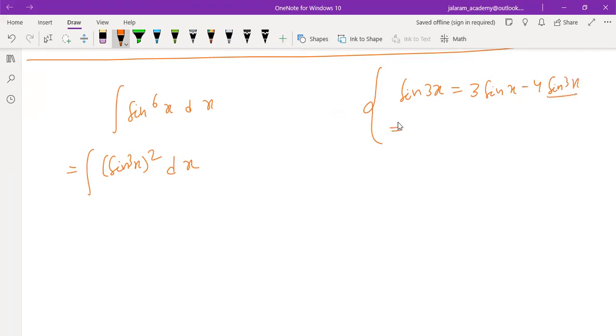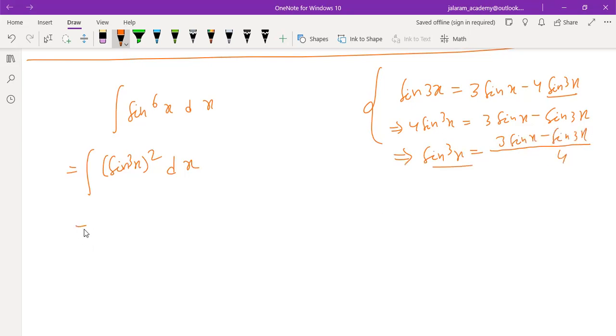So how to find the formula of sine cube x using this? 4 sine cube x is 3 sine x minus sine 3x. So it implies sine cube x equals 3 sine x minus sine 3x over 4.